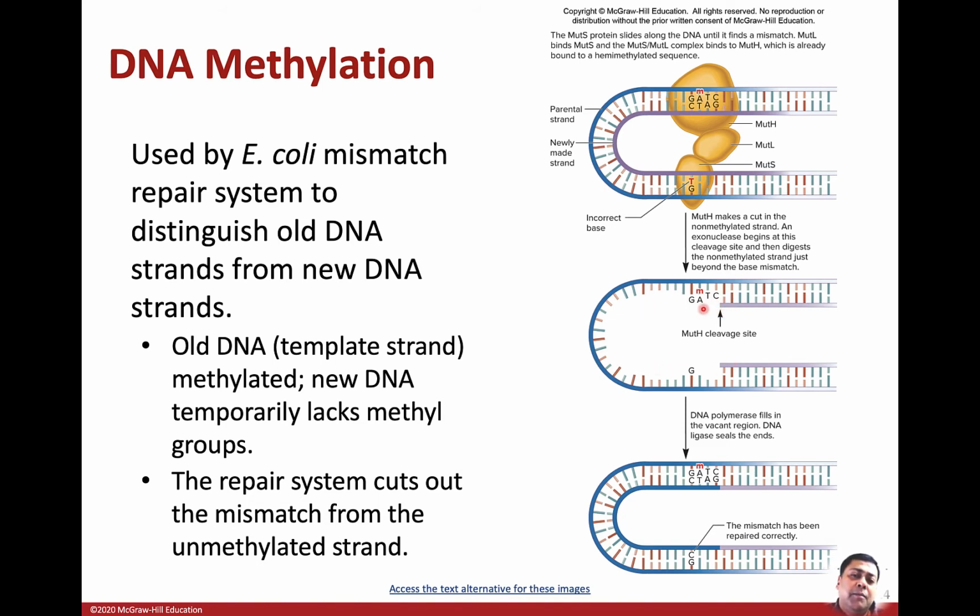Now DNA polymerase I will fill this gap, and then DNA ligase will seal it. So this G is now mismatch repaired by this C. You can see that this is correctly replaced. So this takes advantage of DNA methylation. The MutS-L-H complex can make the mismatch repair.